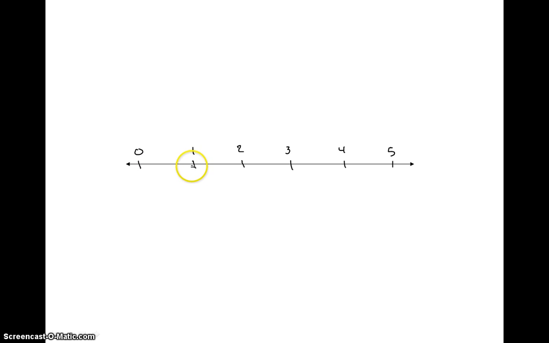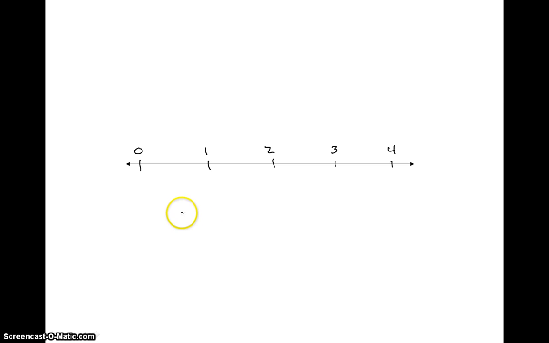Obviously on your paper it's going to be a little bit different, but make sure you copy it as equally as you possibly can, so that if this is the length from 0 to 1, then this is the same length from 1 to 2, and the same length from 2 to 3, and so on and so forth, so that we've defined our number line as equal segments. 0 to 1 is the same as 1 to 2, and so on and so forth. Okay, so that's how we define a number line.